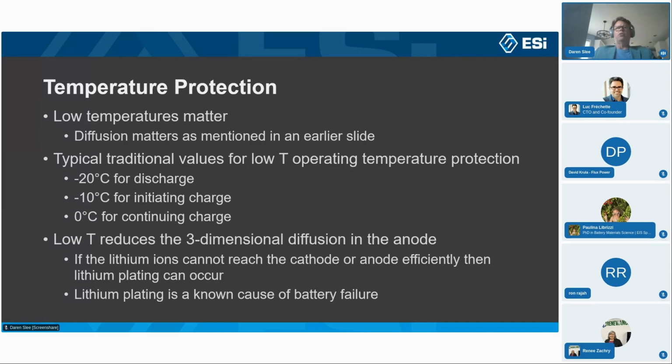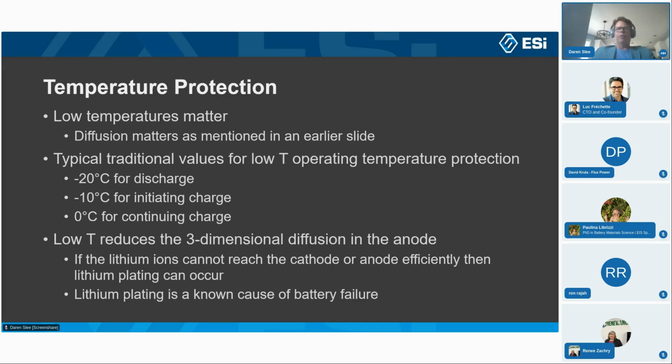But if you're below 0 degrees C or 32 degrees Fahrenheit, the lithium diffusion becomes a concern. Of course, there's margin here, but at your normal charging rate, the lithium ions cannot get into the anode fast enough. In other words, the sponge gets a little too cold and the water starts rolling off the edges. When that happens, you can have lithium plating.